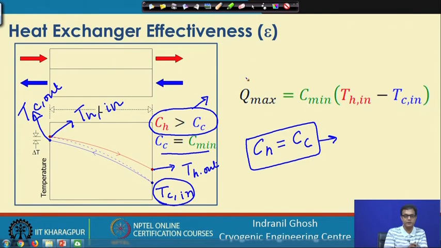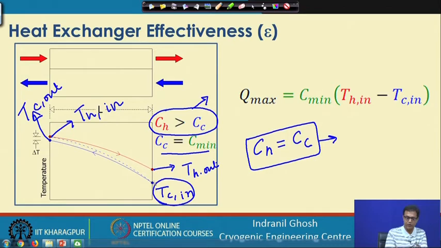So, basically this is an ideal heat exchanger and we are trying to find out the ideal heat transfer that is taking place. And it is also inherently taking care of the second law of thermodynamics by not exceeding the temperature at any time.